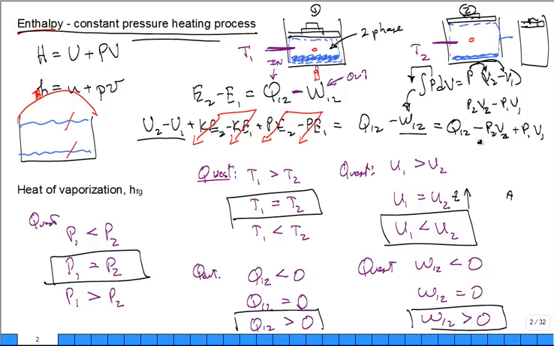Grab this one and throw them to the other side, rewrite the equation. You'll have U2 plus P2 V2 minus U1 plus P1 V1 is equal to Q1 to 2. Did I do the algebra correctly? Thumbs up if I did the algebra correctly. What do we call this group of terms?